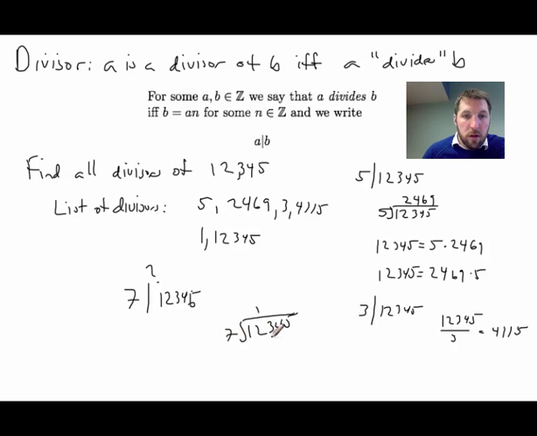7 into 12, 1, subtract, 53, goes in 7 times. 49, 53 minus 49 is 4. I'll write that down. Check. 7 goes into 44 6 times, which is 42. Subtract, 25. 7 goes into that 3 times, and we get 21, and the remainder is 4.